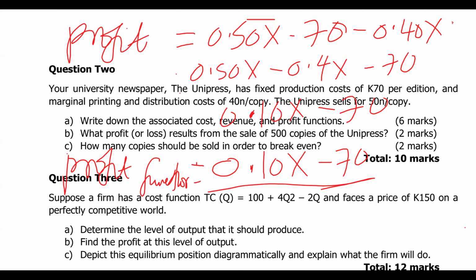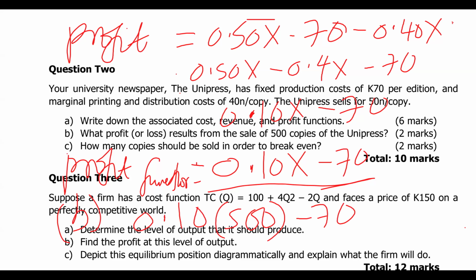So now, what happens from here? The question goes over and asks us what profit or what loss results from the sale of 500 copies. So the copies are the values of x. So what you do in this profit function is put the number of copies where there is x, which is 500 copies, minus 70, right?